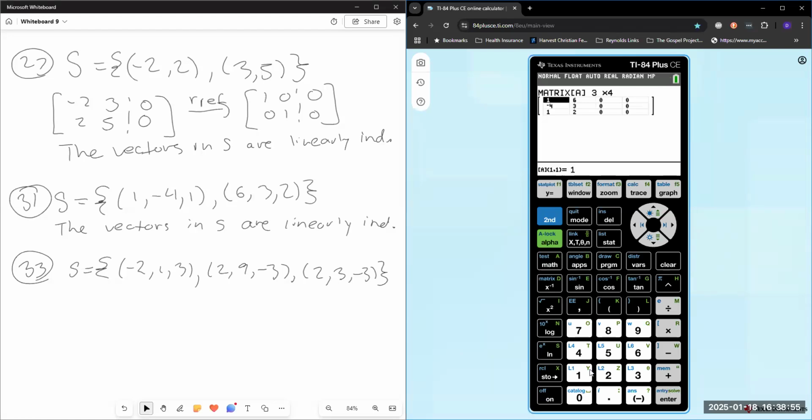We have -2, 2, 2, 0, 1, 9, 3, 0, 3, -3, -3, 0.